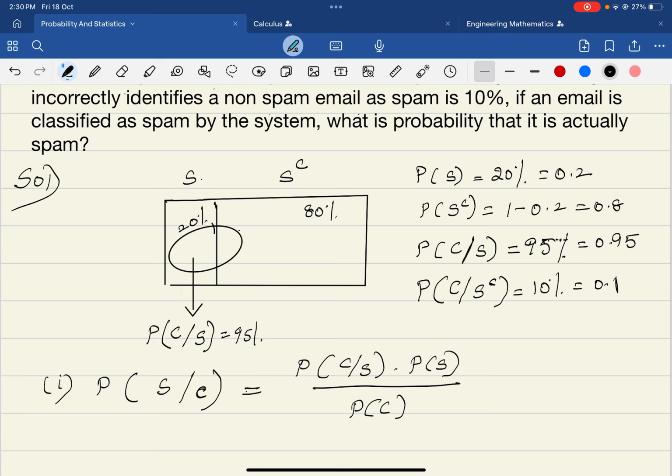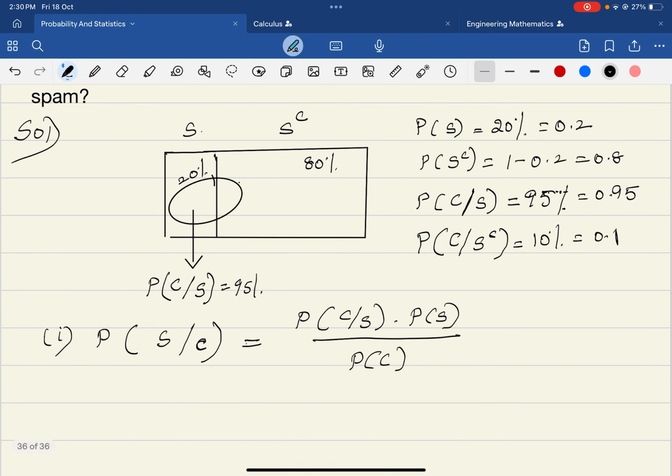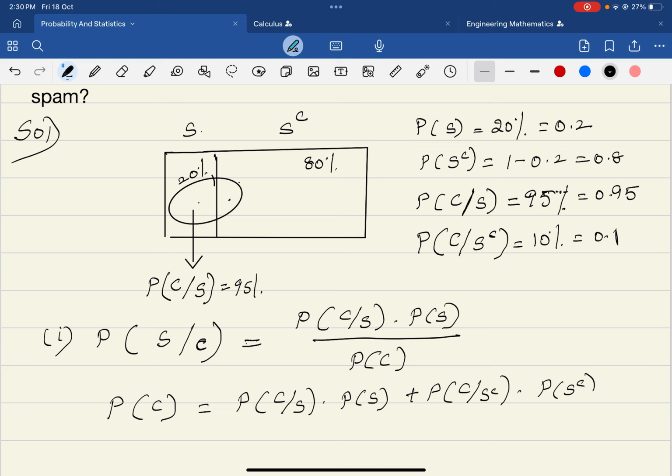So how to do this? There are two things that happen for the identification: C given S and C given S complement. So P of C is given by P of C given S multiplied by P of S, plus P of C given S complement multiplied by P of S complement.